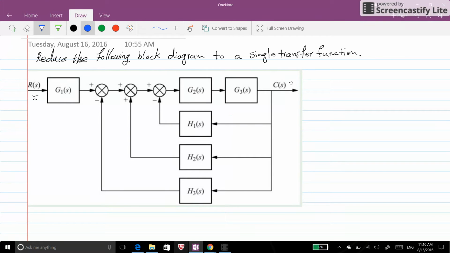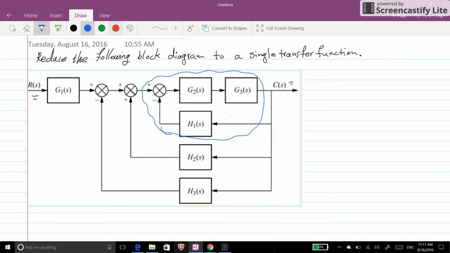So here, by looking at the block diagrams that we have here, we can see that we have a loop here. So this is one of the inner loops for which we can easily find the equivalent transfer function.